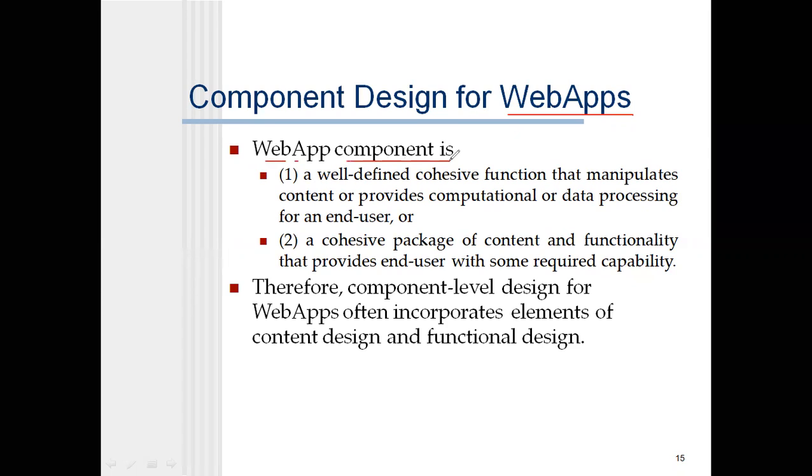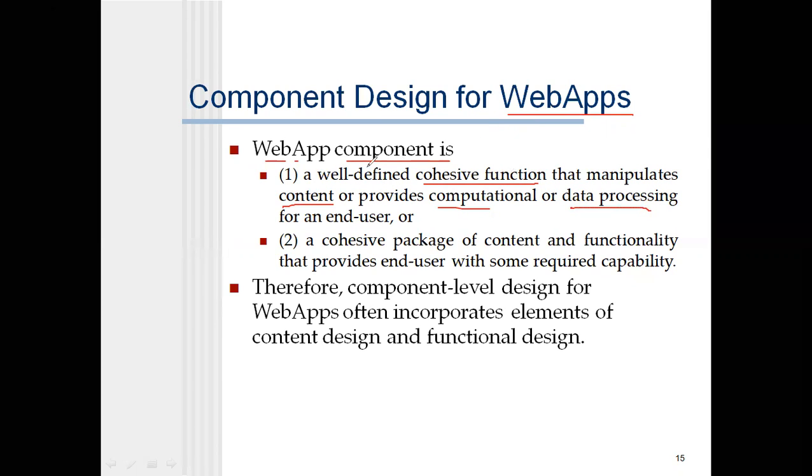What does a web application component include? A web application component is a cohesive function that manipulates the content and provides computational functions or data processing functions for the end users.